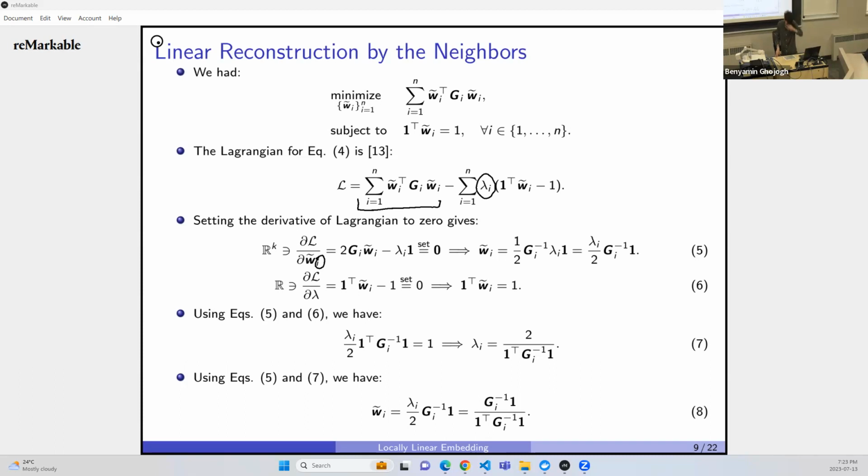Do you remember, as I said before, this is w1 tilde g1 w1 plus until wn tilde gn wn. Now assume I'm taking derivative of the Lagrangian with respect to w1 tilde, for example. All of the other terms are constant with respect to w1 tilde, so they go away and I only have this. That's the reason that the summation goes away.